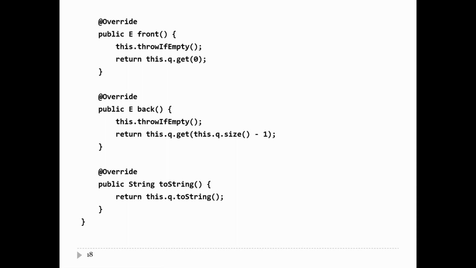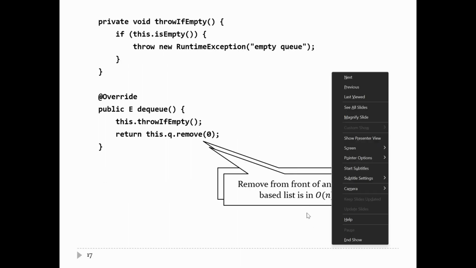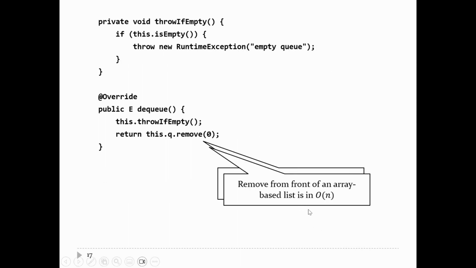Back simply returns a reference to the last element in the list, so you return the element at index q.size minus 1. And toString is easy to implement because we can just use the toString method that we got from the list. So it's easy to implement this class, but the disadvantage here is that we have this big O of n dequeue method.